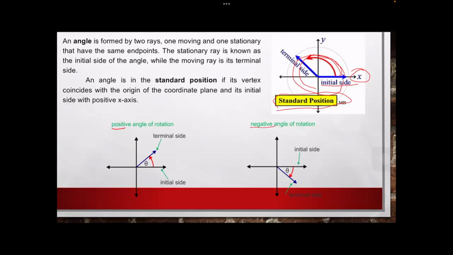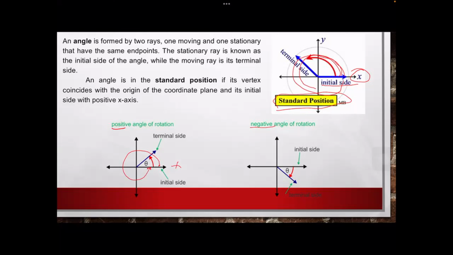Yung positive, nagsisimula siya sa positive x-axis. Tapos yung rotation niya ay counterclockwise, kontra sa relo. Ang rotation niya ay simula dito, papunta dito.